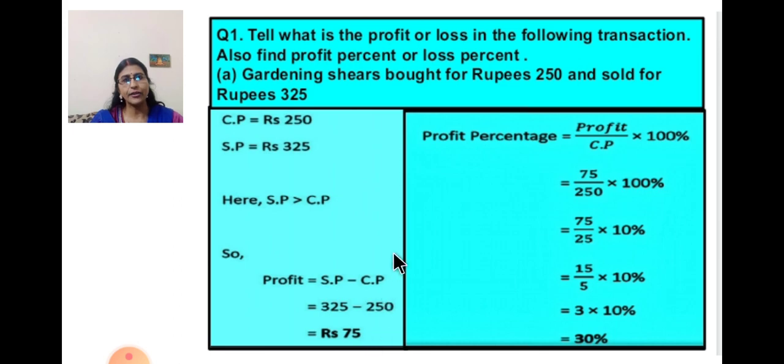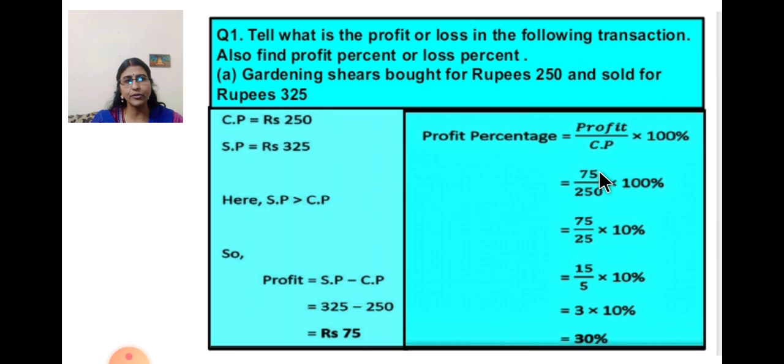Now we have to find out profit percent, because in the question it is given that you will get either a profit or a loss, and if it is a profit we will find out profit percent. So we will write down the formula first: profit upon CP into 100%. In place of profit we will write 75, and CP is 250, into 100%.